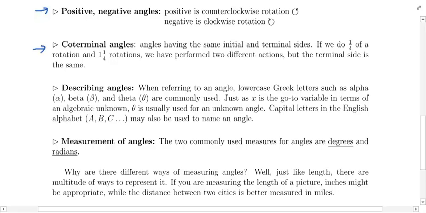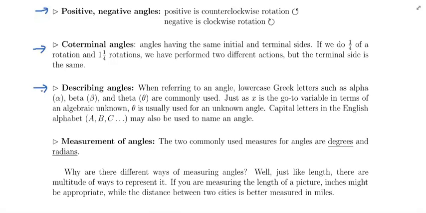All right, as far as how to describe angles in trig, when referring to an angle, we usually use lowercase Greek letters such as alpha, beta, and theta. Just as x is the go-to variable for an algebraic unknown, theta is usually used for an unknown angle. Capital letters in the English alphabet like A, B, and C may also be used to name an angle. A lot of the time in trig you might be asked to solve for an angle, and angles are usually designated with these lowercase Greek letters.